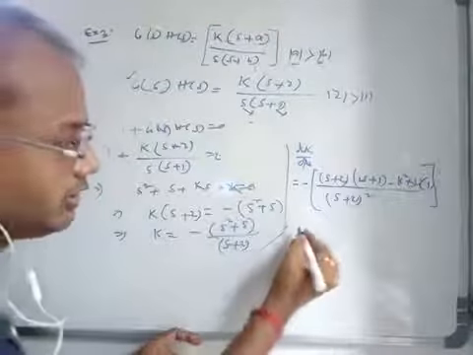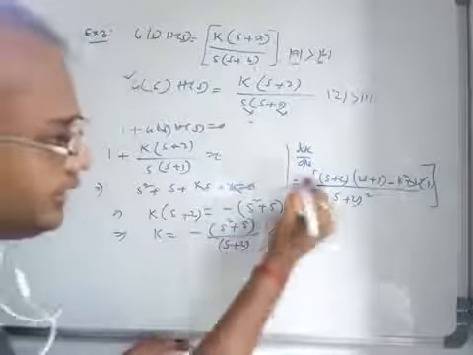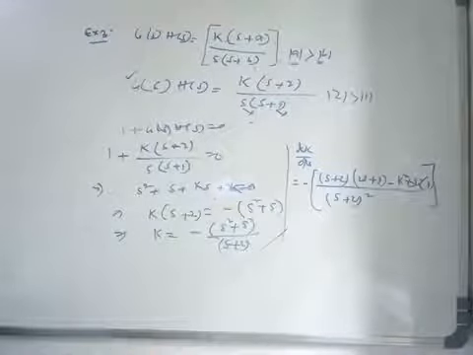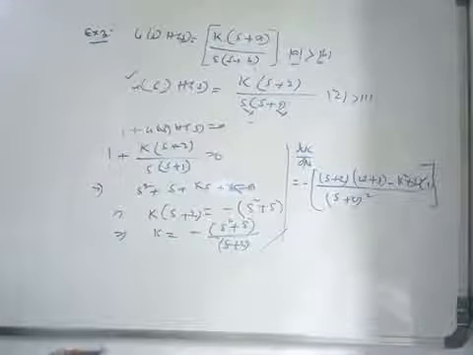So from here I will have to make dk/ds equal to 0.